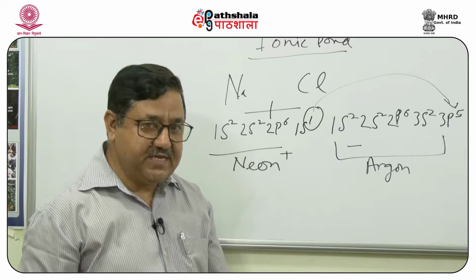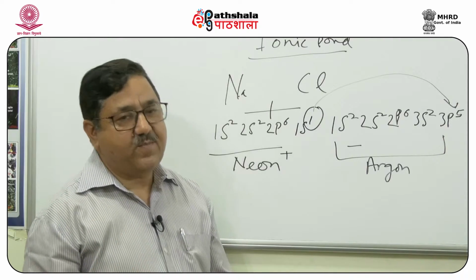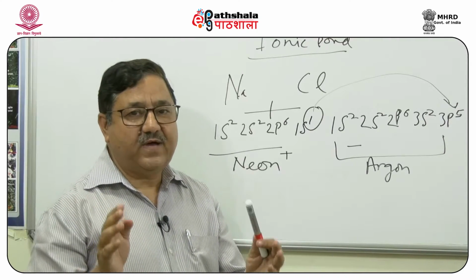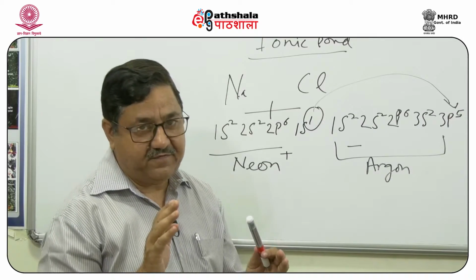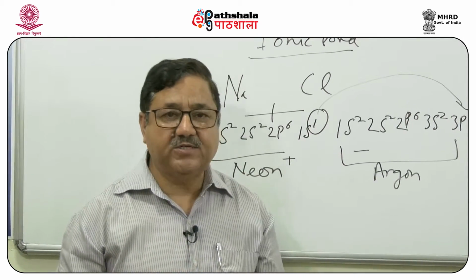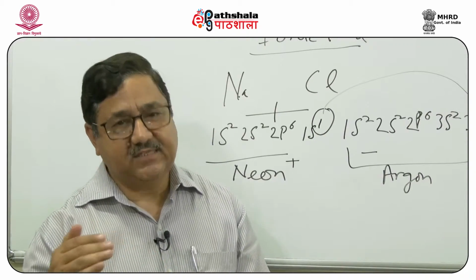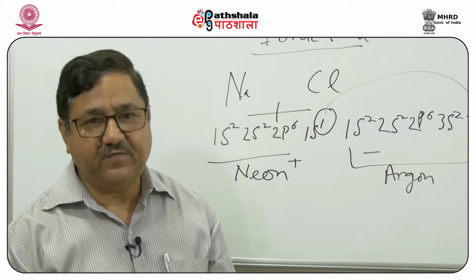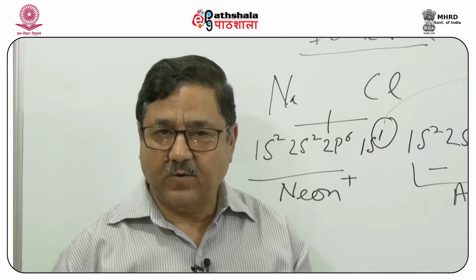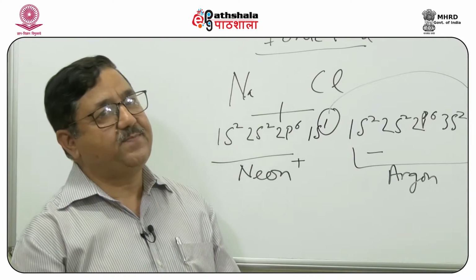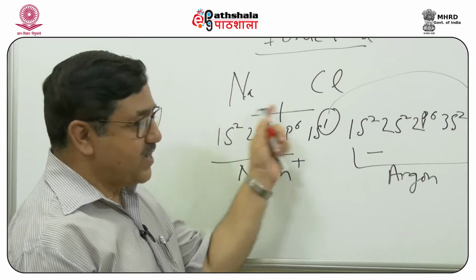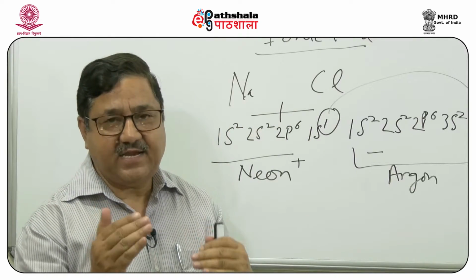We will later on see that none of the bonds is of an end member or of a fixed type. Actually, the bonds are certain percentages of ionic bond and certain percentages of other types of bond, which we will subsequently be looking at. In this case, it is simpler to work out what the ionic radii are.